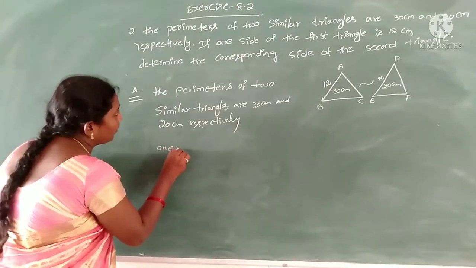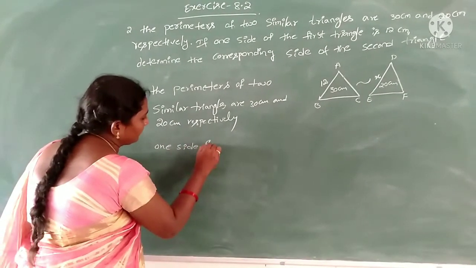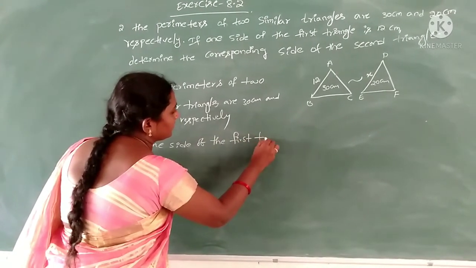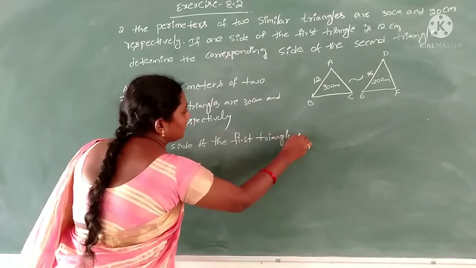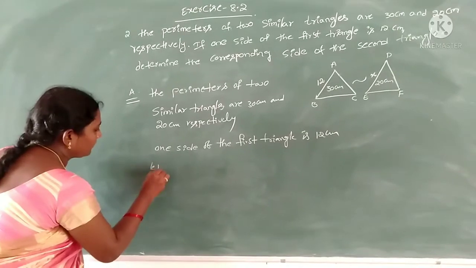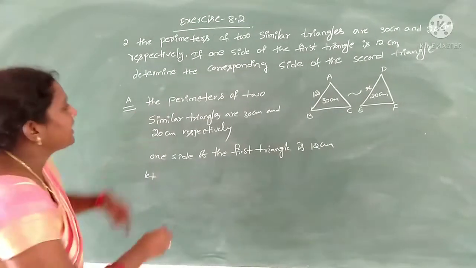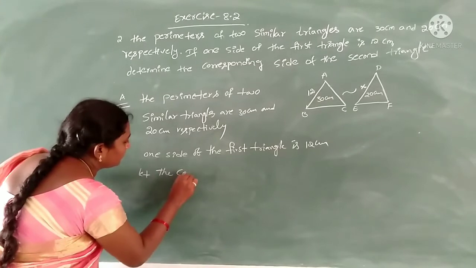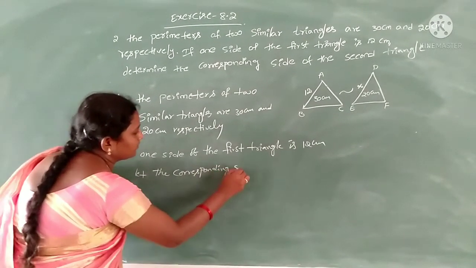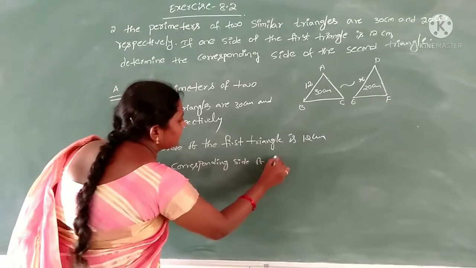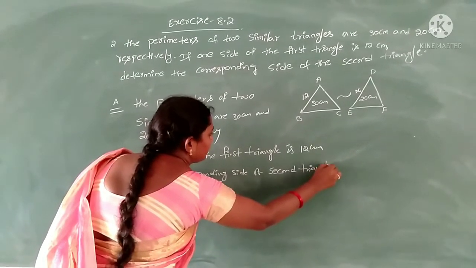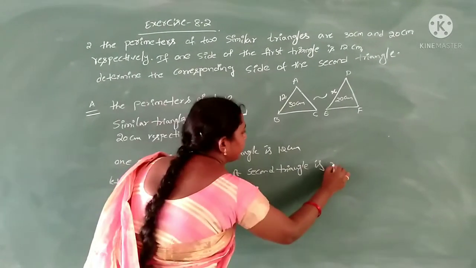Next, let the corresponding side of the second triangle be x centimeters.